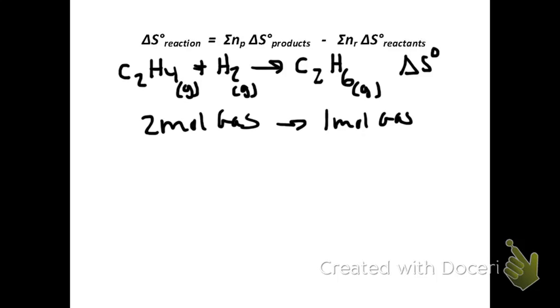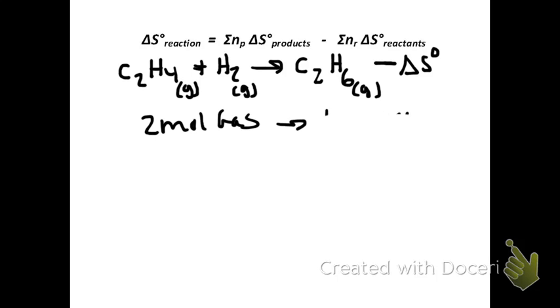So if we're going from 2 moles to 1 mole, then the system, or the surrounding environment, should be becoming more, that's right, ordered. So we would assume that the overall sign for this should be negative. Or in other words, the universe is becoming more ordered.